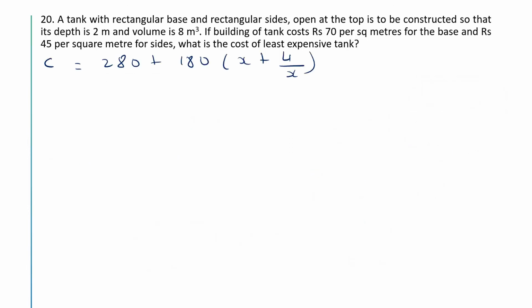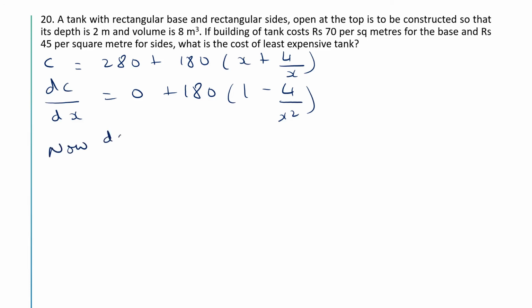So to find the point of local minima, the steps are same. dc by dx equal to 0 plus 180 into 1 minus 4 by x square. At the critical point, we know dc by dx equal to 0.